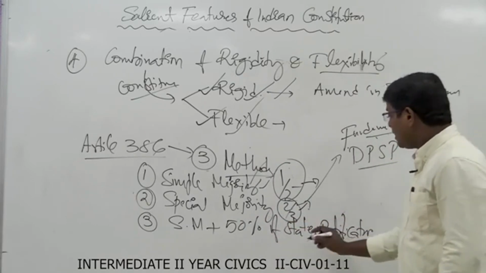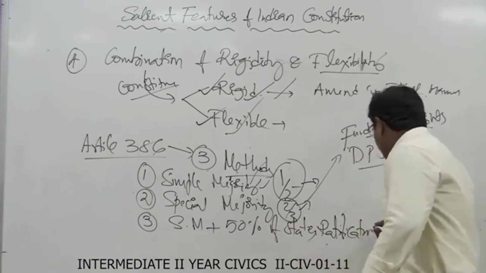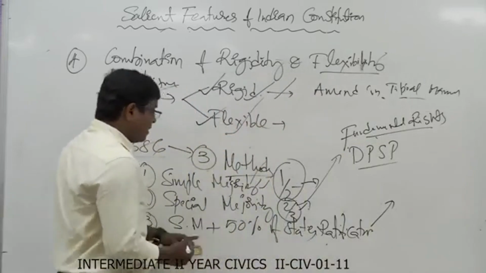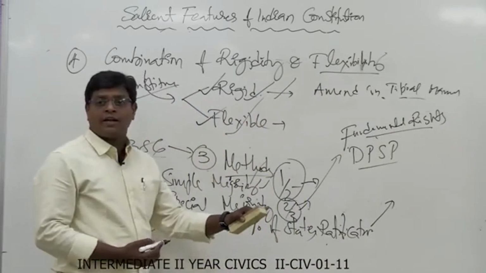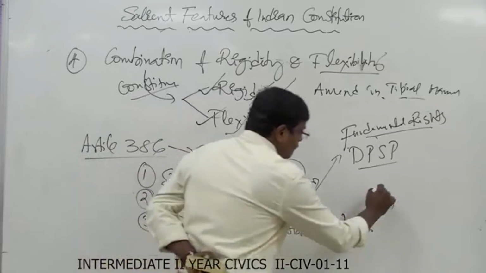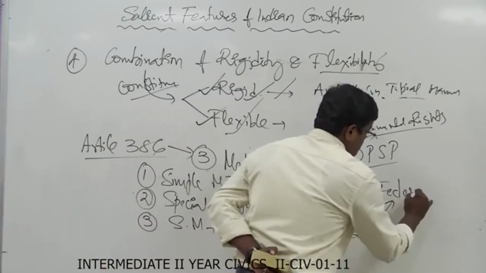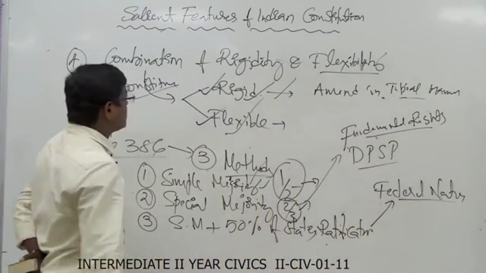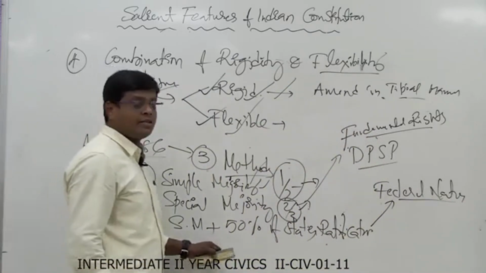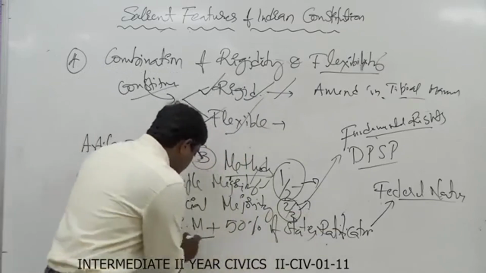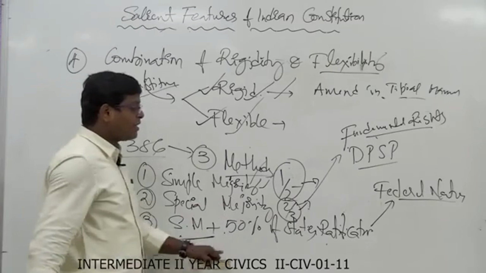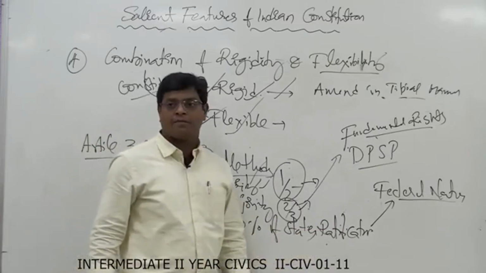Okay. Then what about the third category of the amendment procedure? Here, the provisions regarding the federal nature. The provisions regarding the federal nature come under special majority with 50% of states ratification.